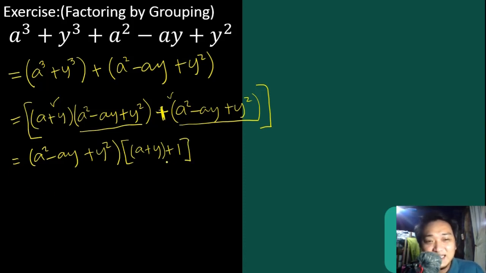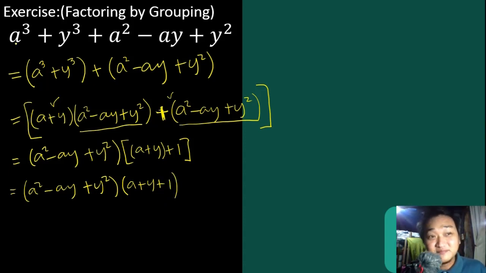O, linisin natin kasi may bracket pa tayo. Ayan. So, that will be A squared minus AY plus Y squared times the quantity. Let us remove the grouping symbols. And instead of using bracket, para hindi siya nakakatakot, gamit na lang tayo ng parentheses. So that will be, after removing the grouping symbols, or removing the bracket, replacing it by parentheses, a plus y plus 1.